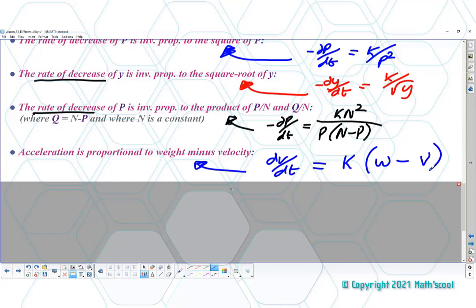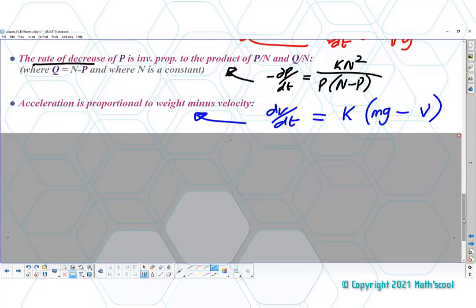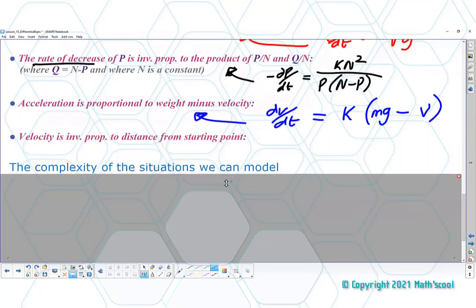We might want to replace the W with mg because it's probably the case that we know the mass. So you might want to replace it with mg, or might just want to leave it as that.